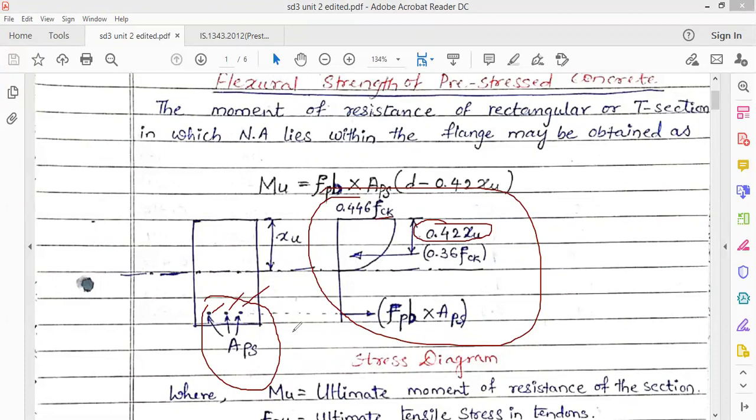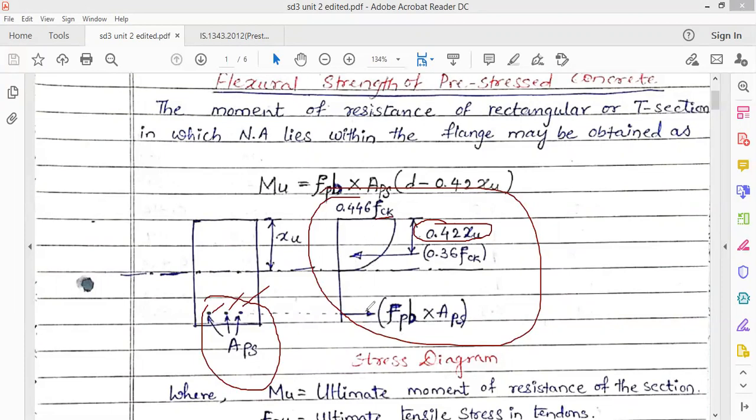There will be a tensile force acting at the place of these cables, and this is fpb × Aps. fpb is the stress and Aps is the area of steel, so stress into area of steel is the tensile force.